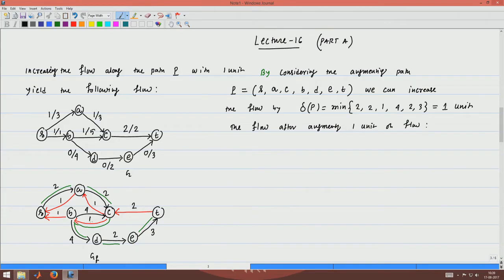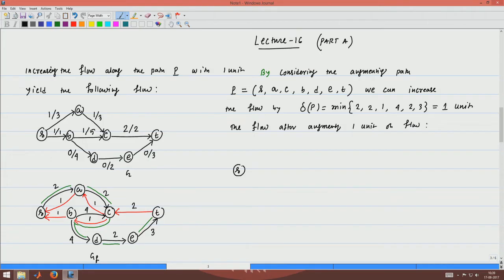This is a very important part, because here you can see that the augmenting path considered a backward edge. The use of a backward edge means basically you are cancelling this flow. Okay, so look at the new flow now.